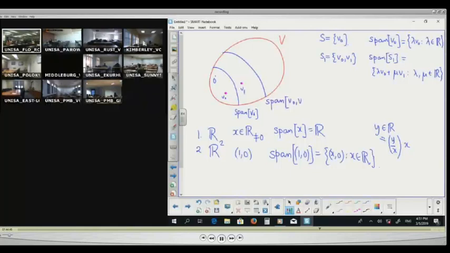For instance, R2. It's exactly same that it stops there.